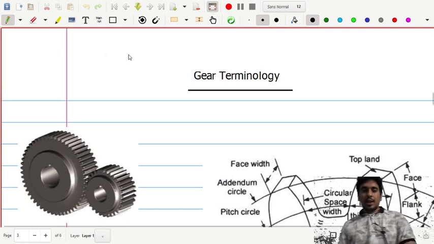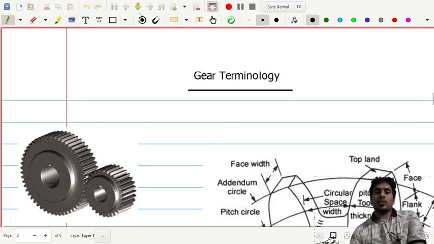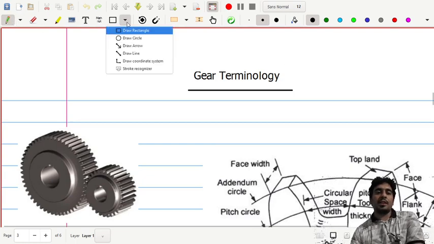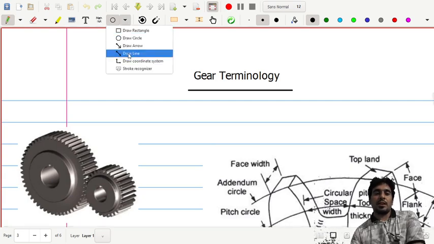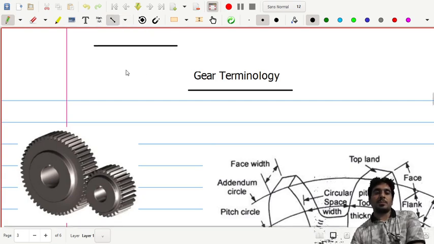In the last class we had already studied that if we have two shafts, for example, this is shaft number 1, this is shaft number 2, supported on some bearings, and we need to transfer power from shaft number 1 to shaft number 2.